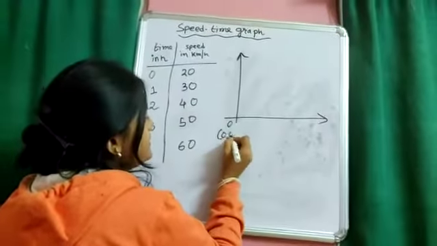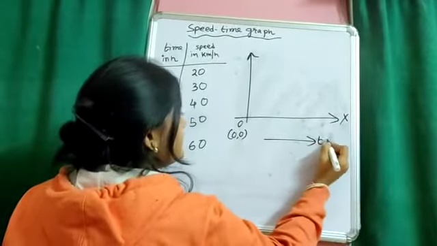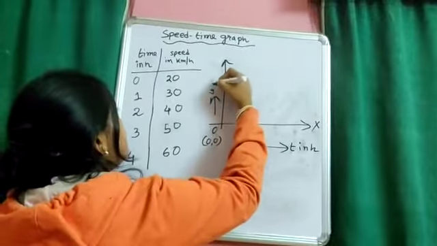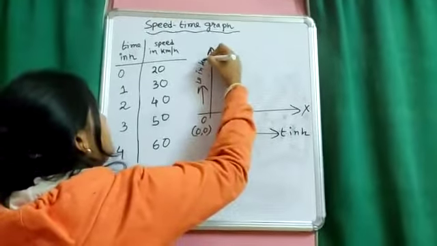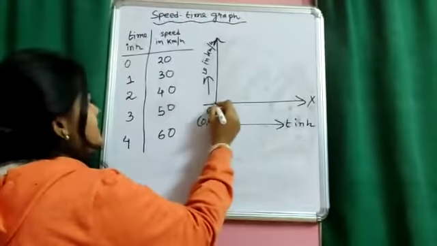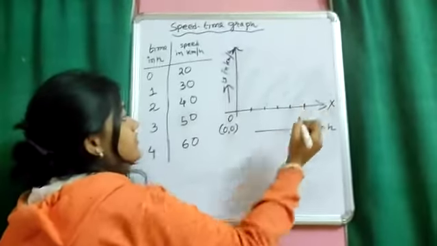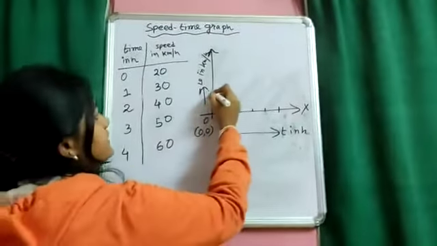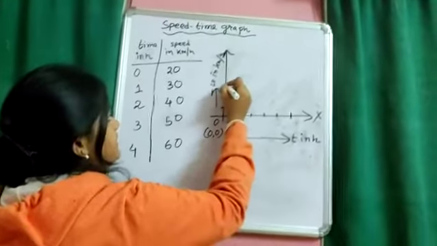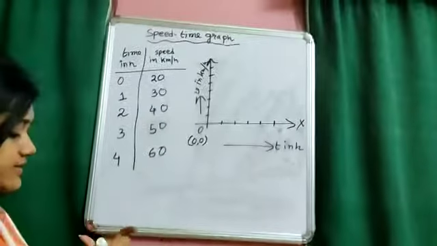So origin 0, 0. Along the x-axis time t in hour, along the y-axis velocity v in kilometer per hour. Let us mark it as 0, 1, 2, 3, 4, 5 like this, and on the y-axis 10, 20, 30, 40, 50, 60, 70 like this.